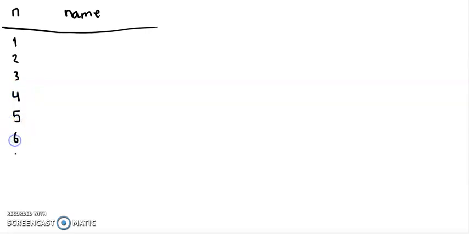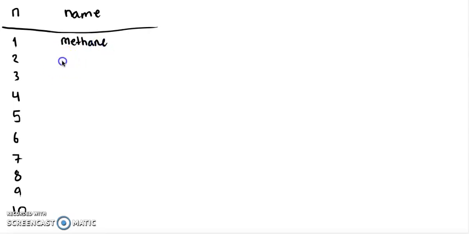So we're still talking about alkanes, but now we want to look at the names. So n is 1, 2, 3, 4, 5, 6, 7, 8, 9, and 10. For the first one, we already know the name. It's methane, right?